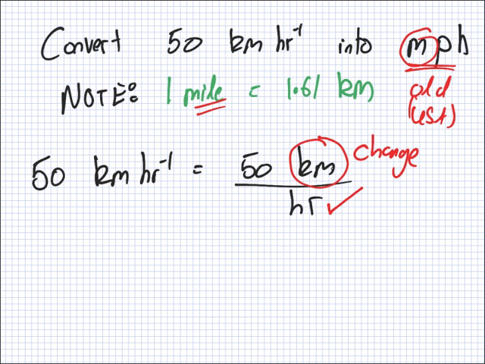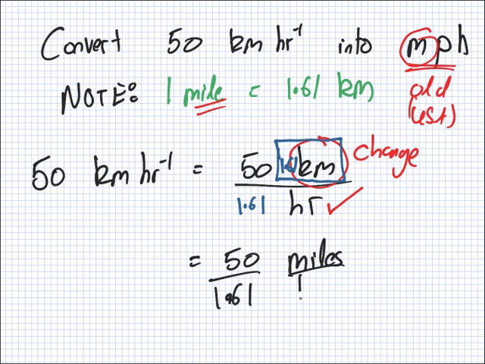Now, how do we change it? Well, we said 1.61 kilometers is 1 mile. So, here's my trick. If I put 1.61 here and 1.61 here, what has this become? It's a mile. So, this is 50 over 1.61 miles over hours. So, in other words, it's the mph we wanted, miles per hour.